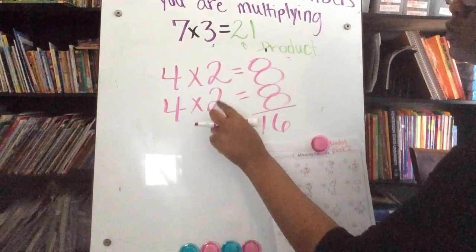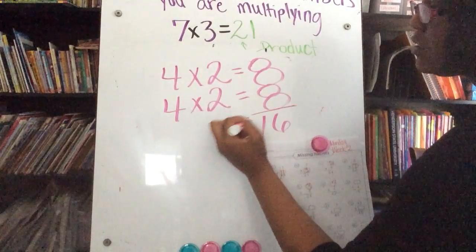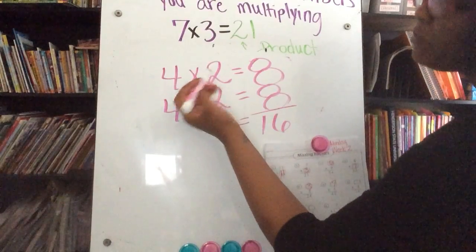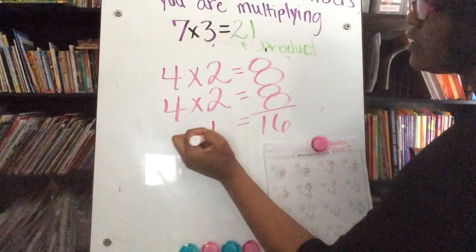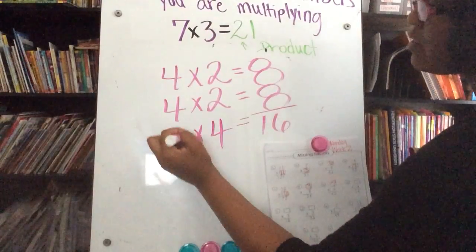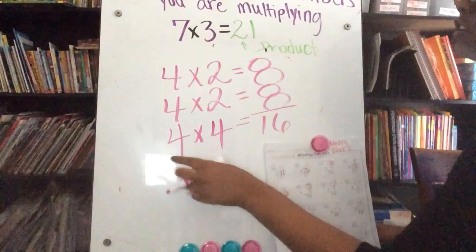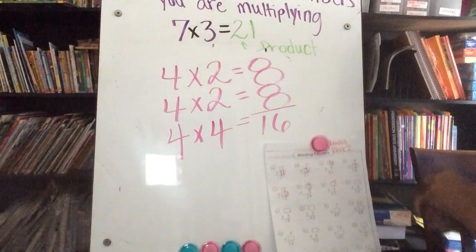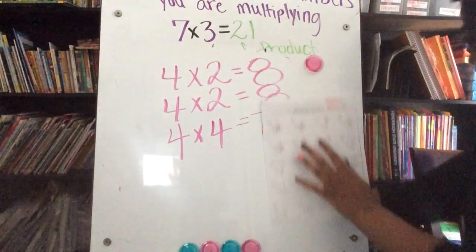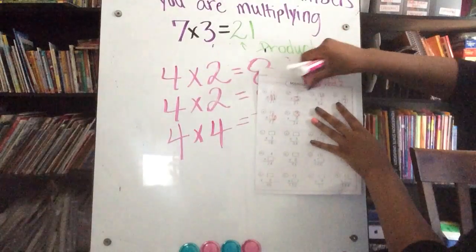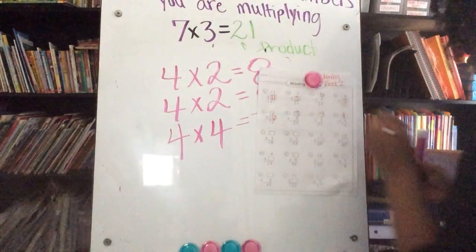And we did 4 times 2 twice. 2 plus 2 is 4, and we leave this 4 the same. We did this twice. That's why we did 2 plus 2 is 4. So 4 times 4 equals 16. So on H, we're going to put 4.